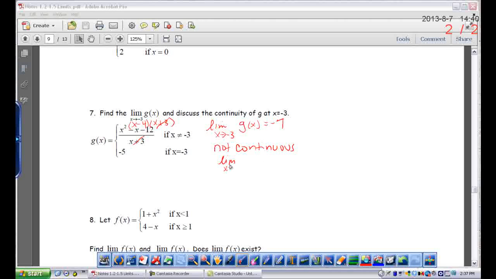We just said that the limit as x approaches negative 3 of g of x was negative 7, and that does not equal g of negative 3, which equals negative 5. So that's why it's not continuous.